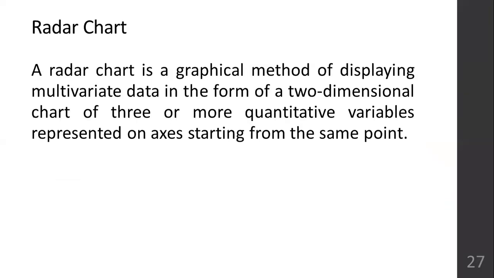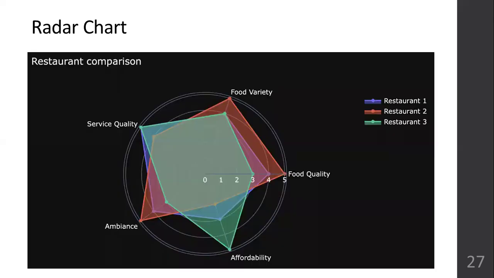Then you have the radar chart. A radar chart is a graphical method of displaying multivariate data in the form of a two-dimensional or three-dimensional chart, or even more quantity variables can be represented, starting from the same point. Multivariate data means if you want to compare two or more departments, or two or more hospitals, under certain categories, radar charts are the best charts to go with.